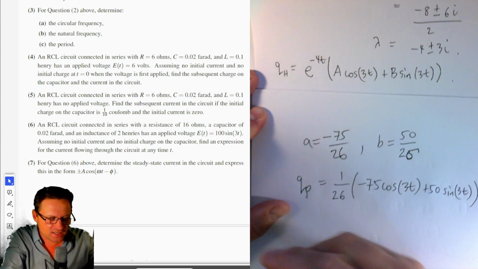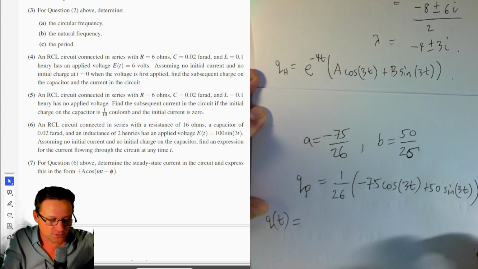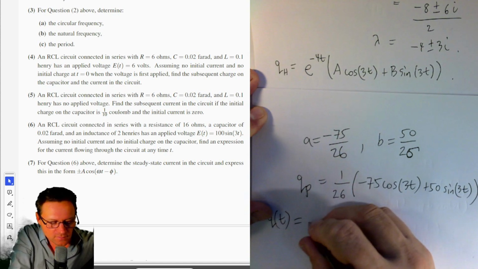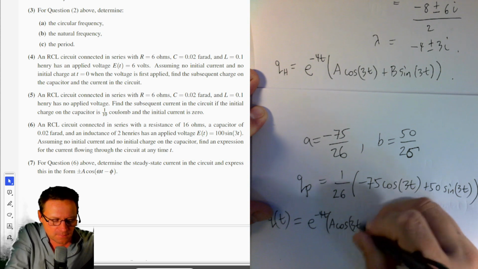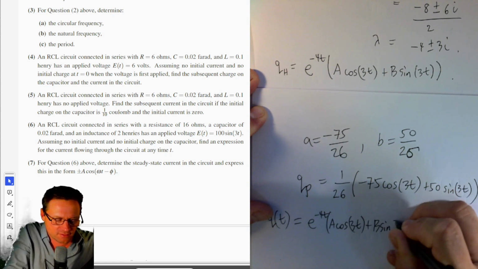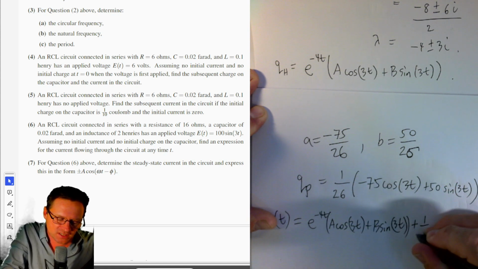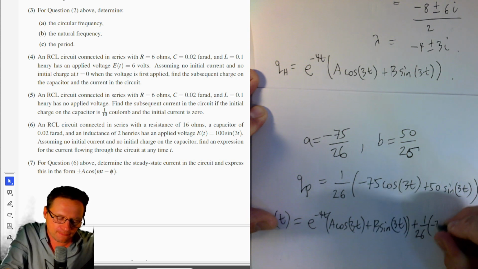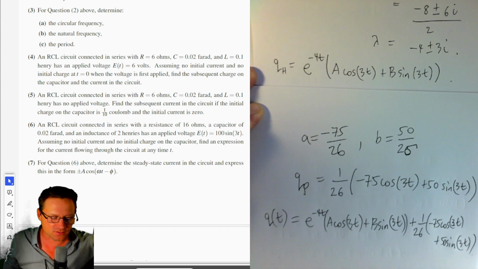Here we found Q homogeneous, so our general solution, Q of t, is equal to e to the minus 4t, A cos of 3t plus B sine of 3t, and then plus this particular solution. Okay, so there is our general solution.